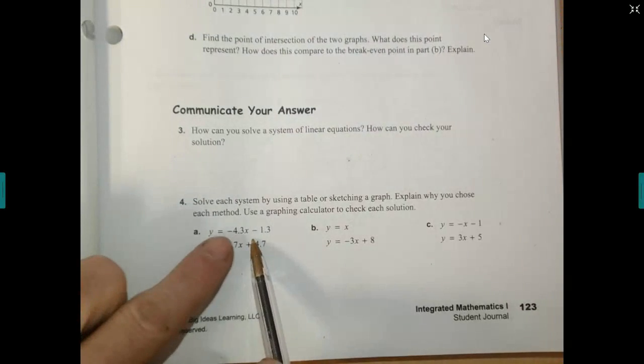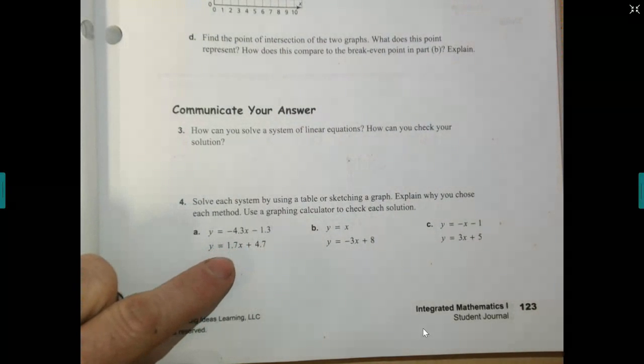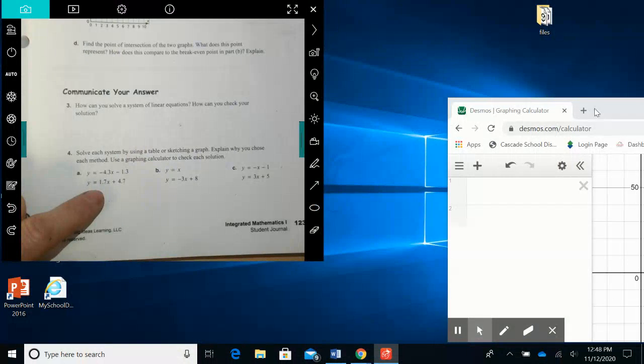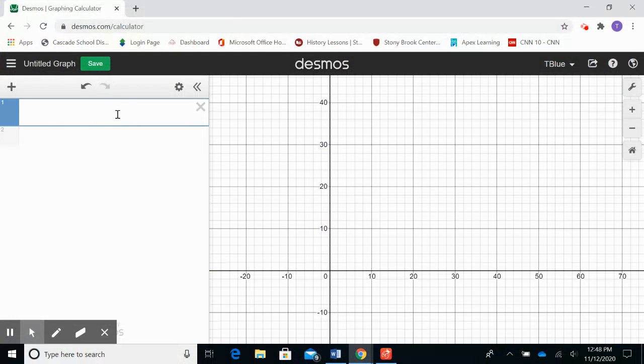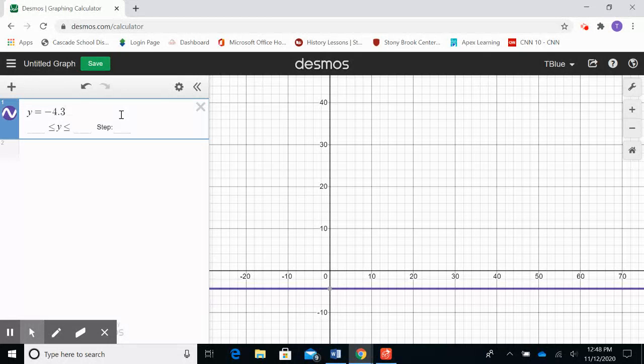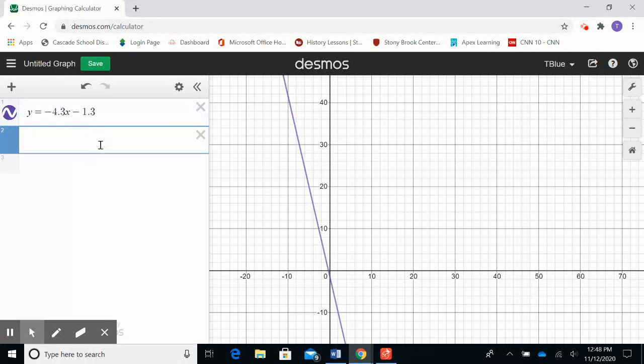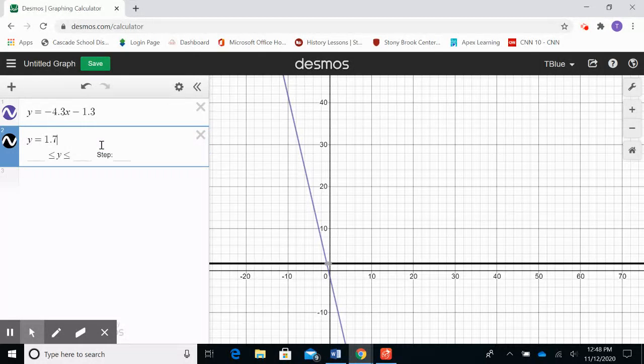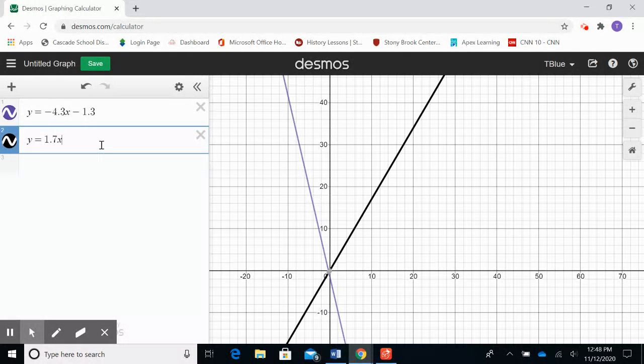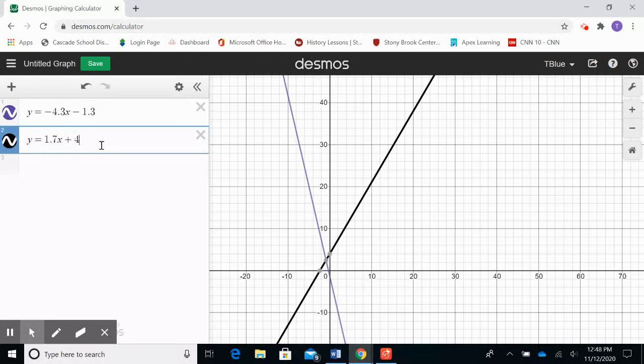I'm just going to plug this into Desmos. So let's go to Desmos. I'm going to enter y equals negative 4.3x minus 1.3. And then the second equation is y equals 1.7x plus 4.7.